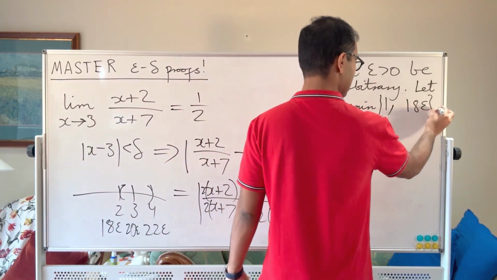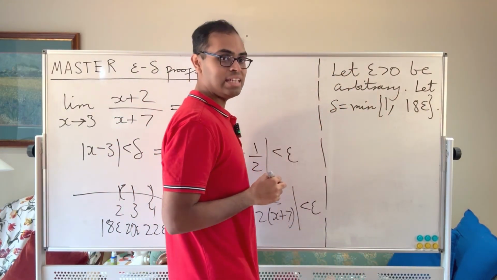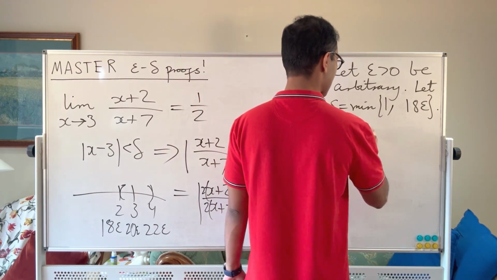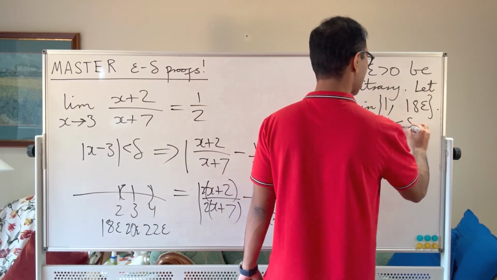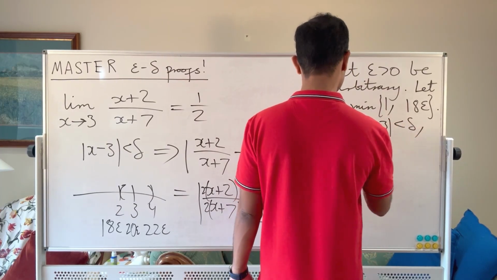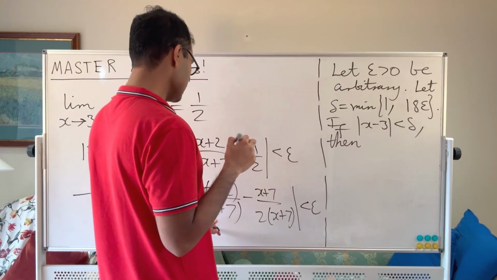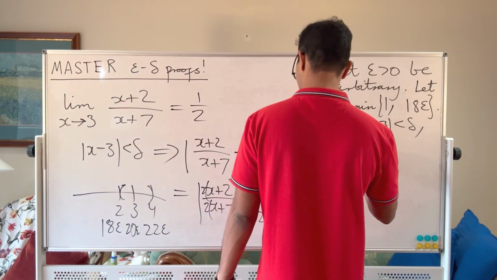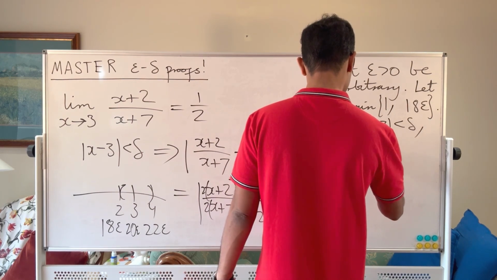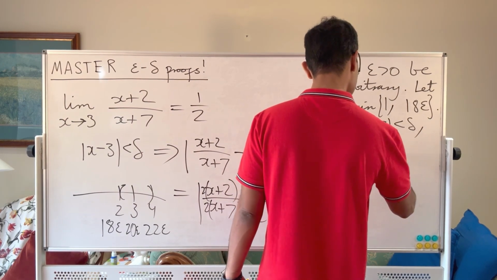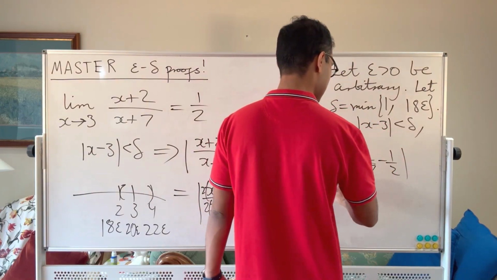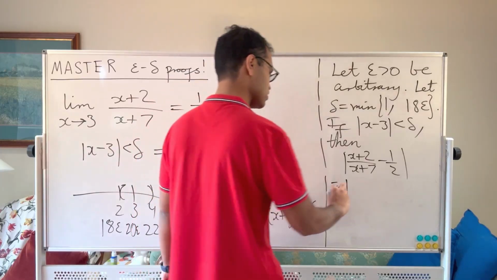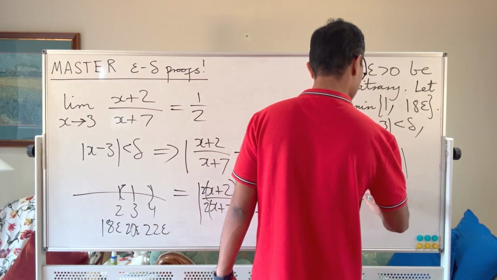So anyway, let's get into this. Let delta equal the minimum of 1 and 18 epsilon. Now, if the absolute value of x minus 3 is less than delta, then we know, and I'm going to do it slightly differently from earlier, that the absolute value of x plus 2 divided by x plus 7 minus a half, after all our simplifications, equals the absolute value of x minus 3 divided by 2 times x plus 7.